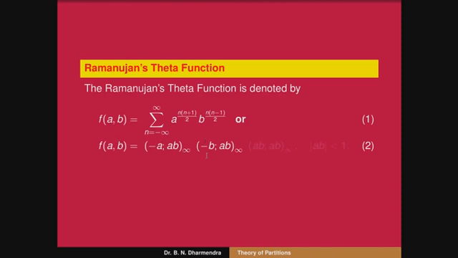You can show this by the Jacobi triple product identity: f(a,b) is equal to (-a;ab)∞ (-b;ab)∞ (ab;ab)∞. In both the terms, convergence requires that |ab| is less than 1. This is the second equation.